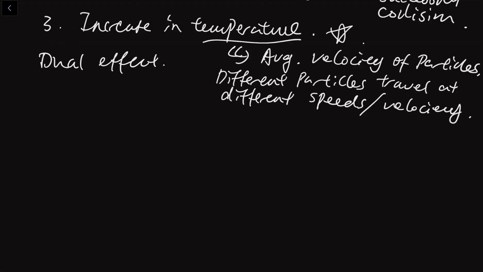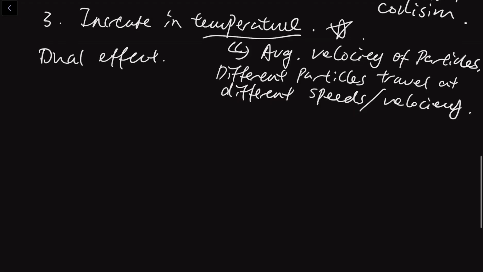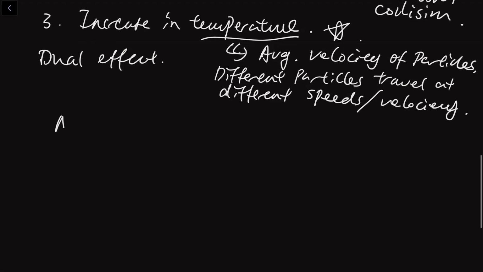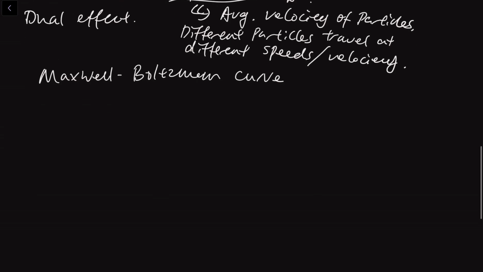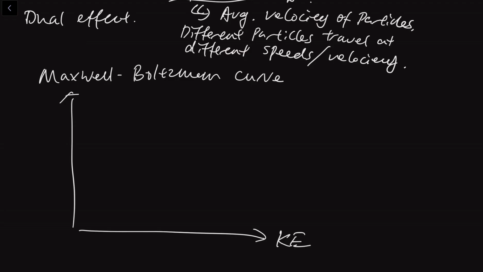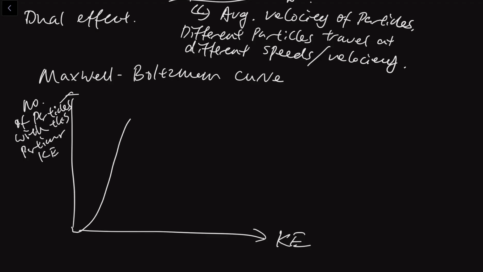And this links to a very important theory in chemistry, which is called the Maxwell-Boltzmann distribution or curve. So the horizontal axis is kinetic energy, vertical axis is number of particles with this particular kinetic energy. It looks like this.